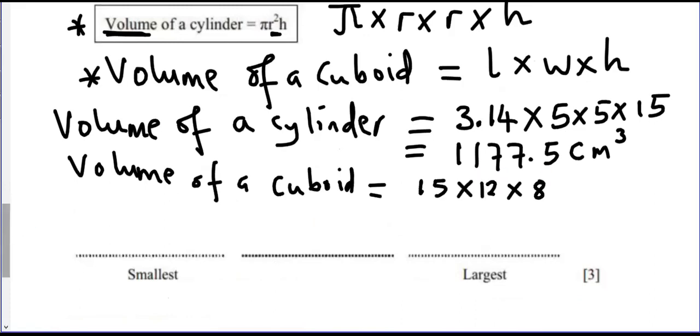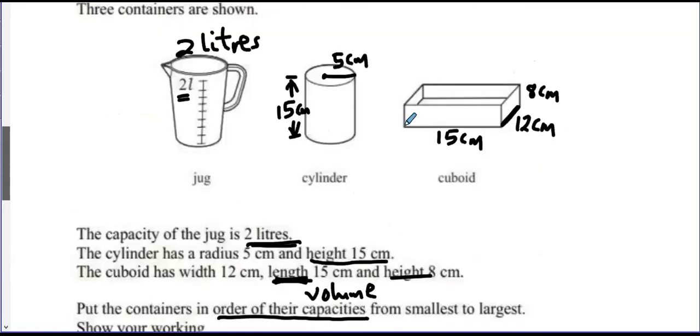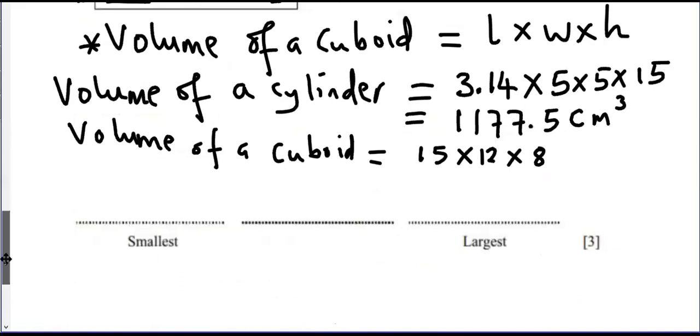Check if you have done it correctly. The volume of a cuboid is length, which is 15, times width, which is 12, times height, which is 8. So 15 times 12 times 8. If you do this calculation, we'll end up getting 1140 centimeter cube.